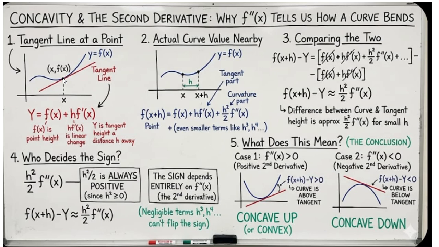What I want to say is that, whenever a point is given, we know the slope of the tangent can be easily found. If y is given, dy by dx is equal to f dash of x.